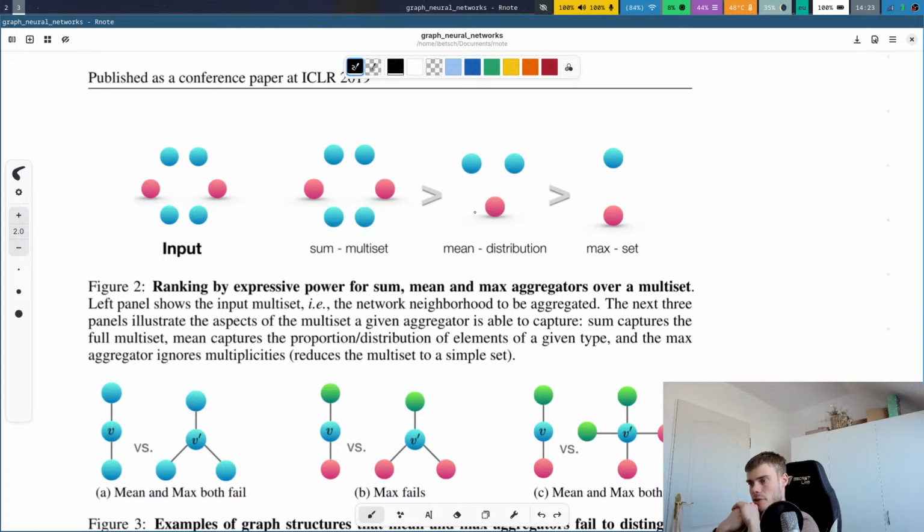And the max aggregator ignores multiplicities, reduces the multiset to a simple set. Okay, so we apply max over different types. Yeah, so max only decides between the two.